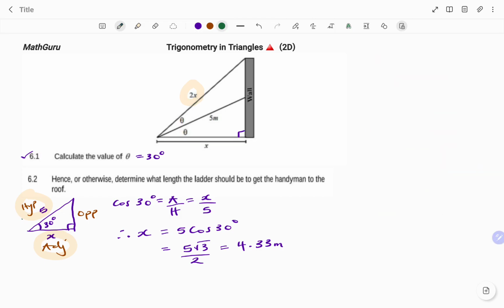And to find the length of the ladder that will get the handyman to the roof, the distance as shown from the diagram is 2x, which is equal to 2 times 5 root 3 over 2, which is equal to 5 root 3 meters, which is also equal to, if I want to write that in decimal, 8.66 meters.